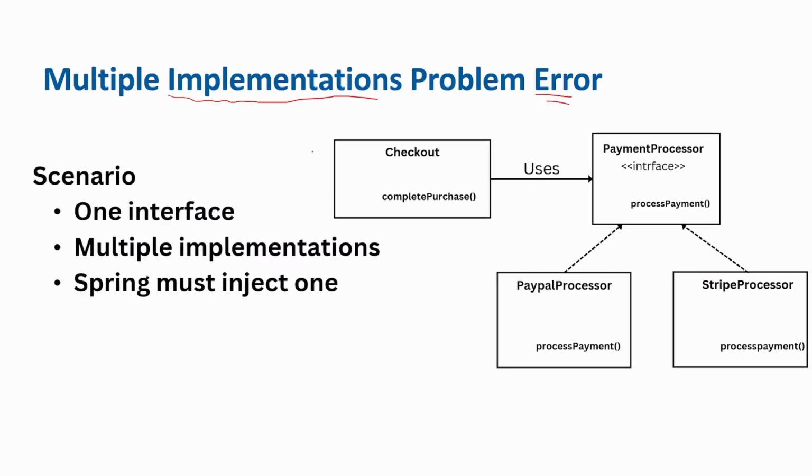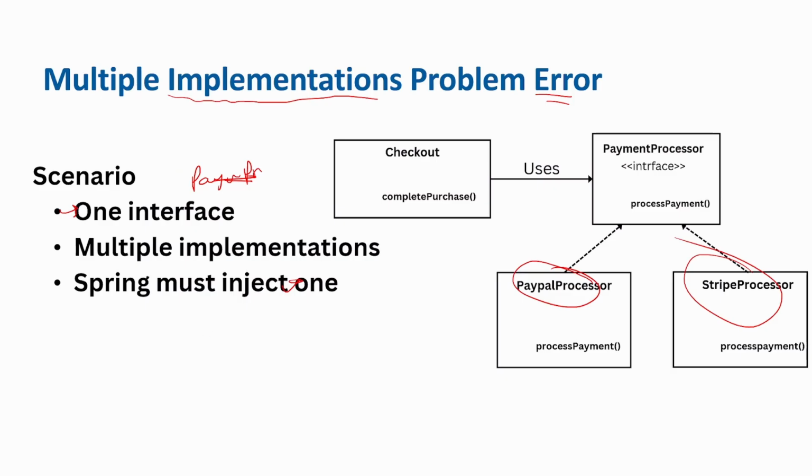So what is the problem scenario? What is the scenario in our case? There is only one interface, PaymentProcessor, but there are multiple implementations: PayPalProcessor and StripeProcessor. Spring must inject one.